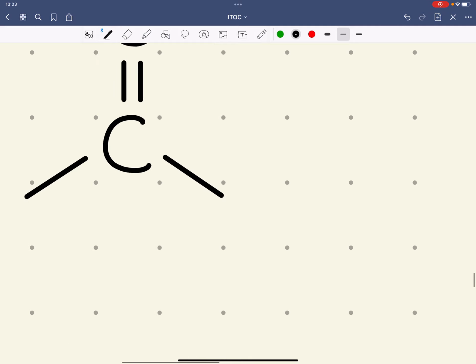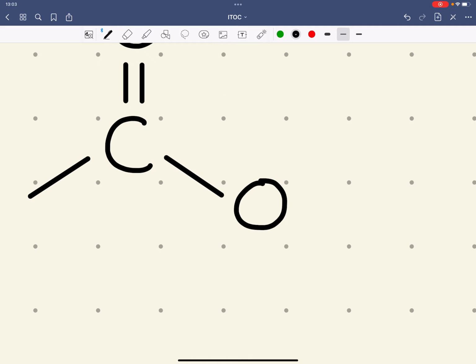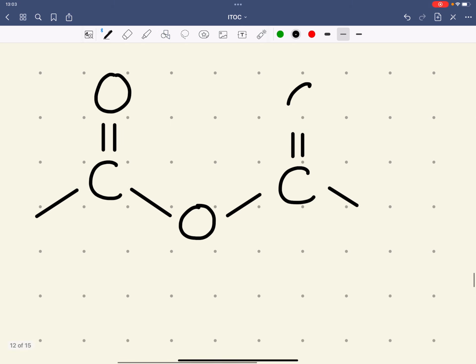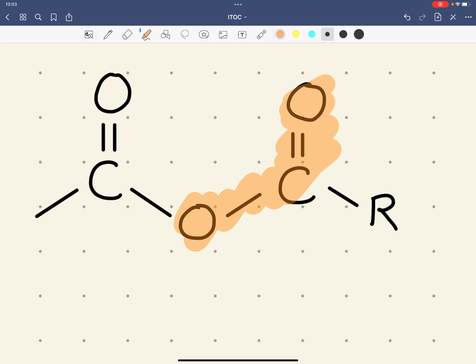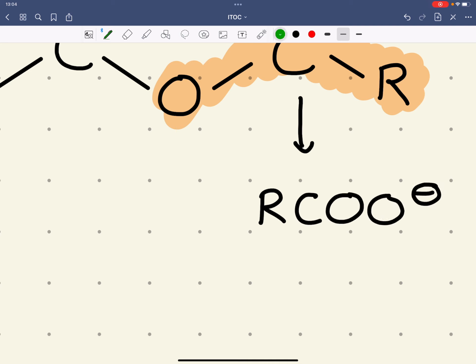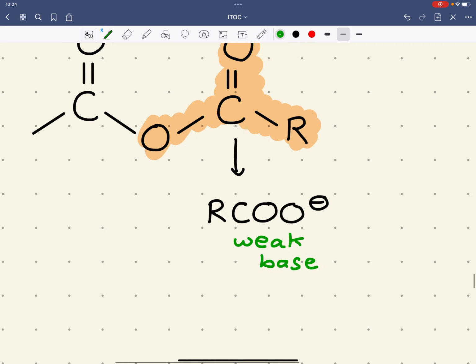We call them acid anhydrides, where in this case, all this is my leaving group. And again, this is basically a carboxylate ion, and that is a good leaving group. So our leaving group is RCOO minus, and this is a weak base.